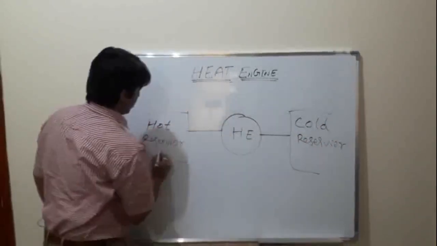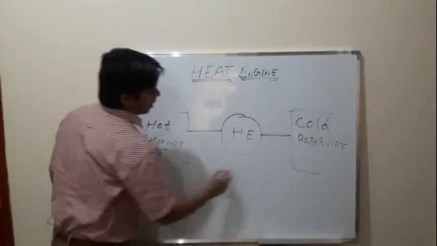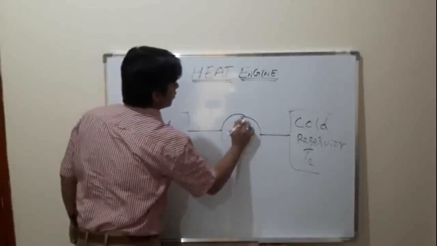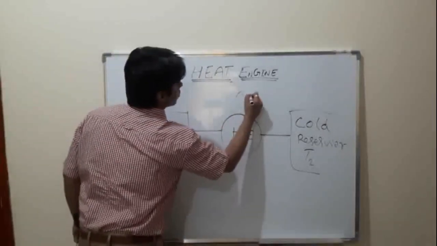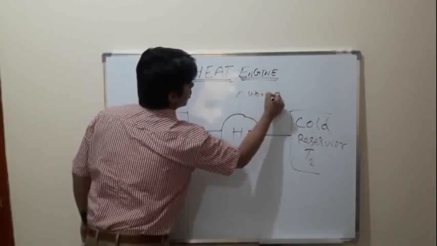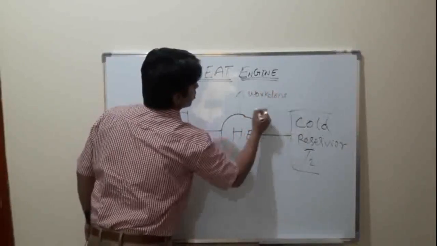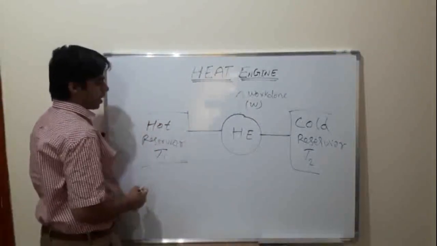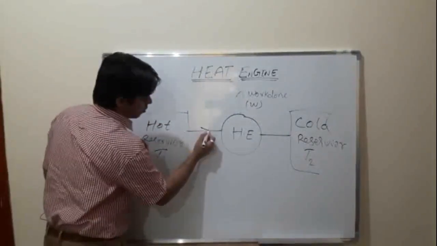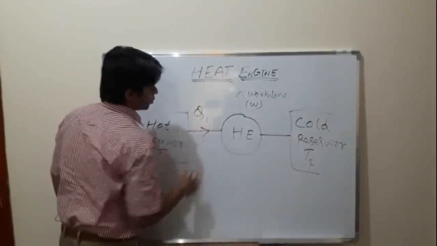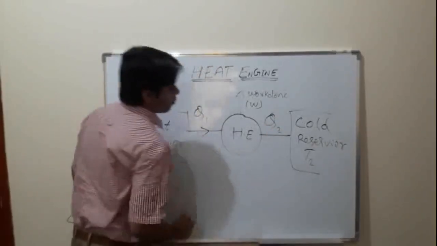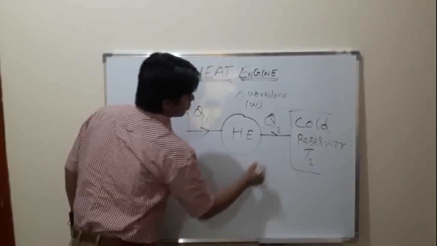The hot reservoir has temperature T1 and the cold reservoir has temperature T2. And this will be your useful work done, W. The heat supplied will be given as Q1 and the heat rejected will be given as Q2.